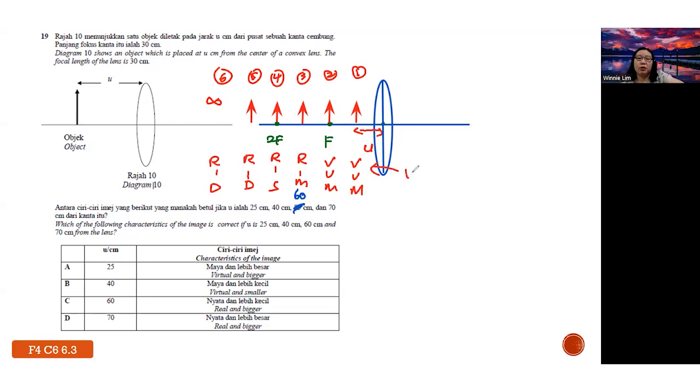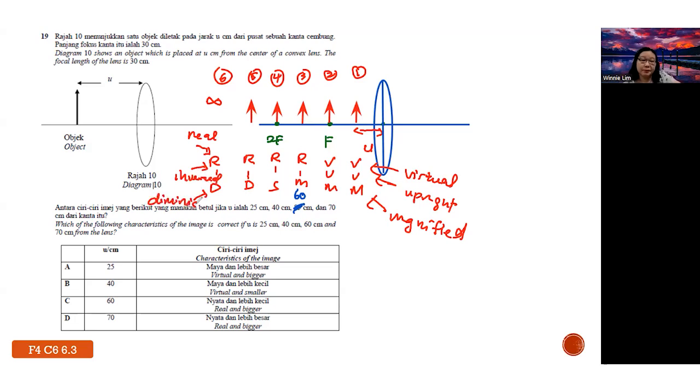V stands for virtual, U stands for upright, M stands for magnified. Okay, same goes for the second one. Then R stands for what? Real. I stands for inverted. D stands for diminished, smaller. And S stands for same size. Okay, so these are the rules that I always ask students to remember.